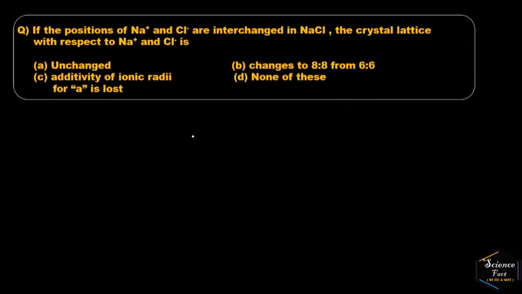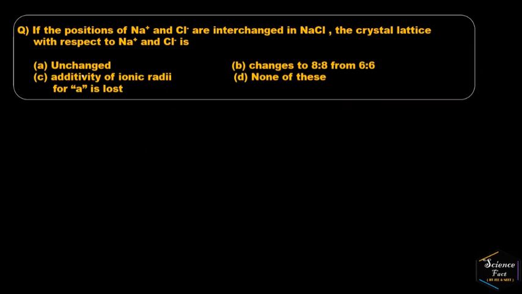This question is related to the structure of sodium chloride, and we have to analyze the structure of sodium chloride if the positions of Na+ and Cl- are interchanged. Then what will be the result for the final structure?